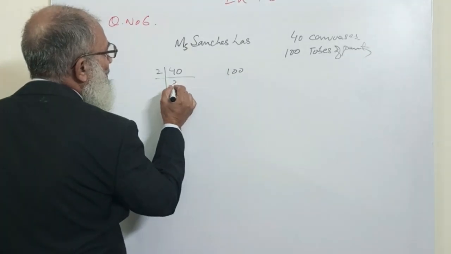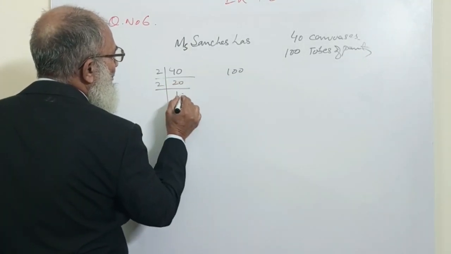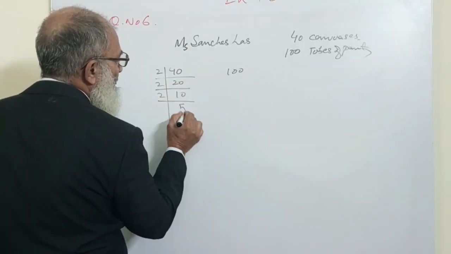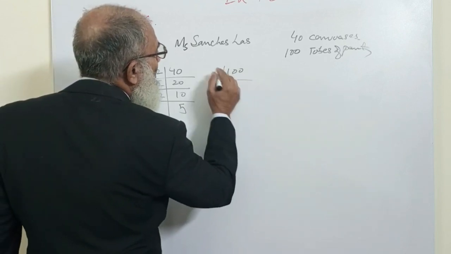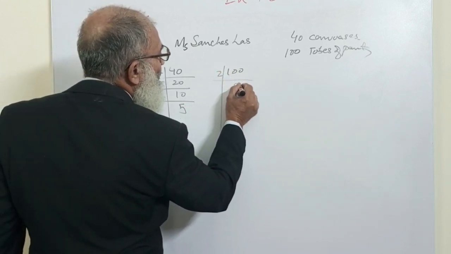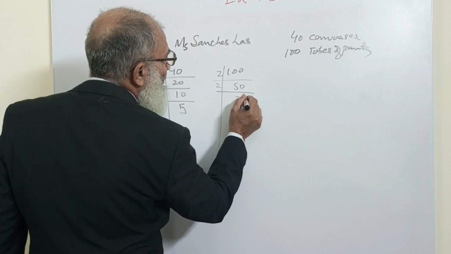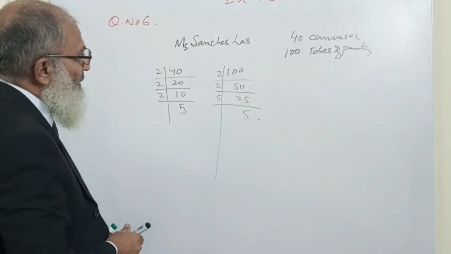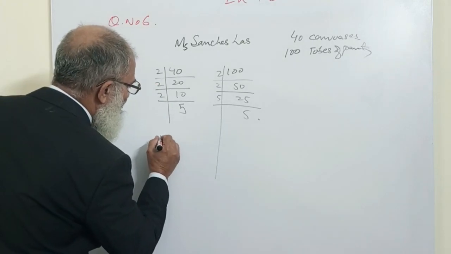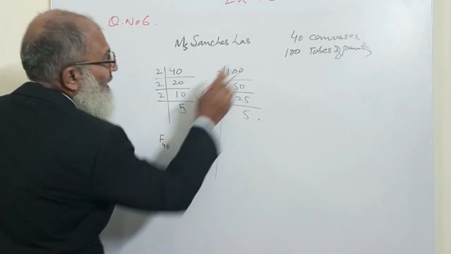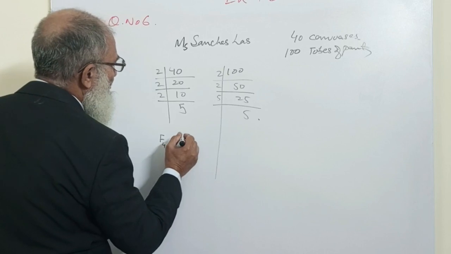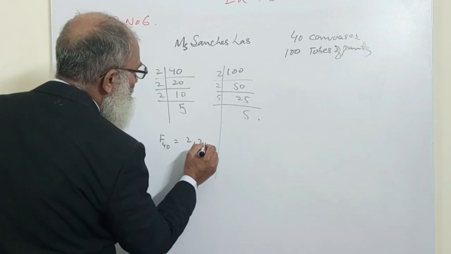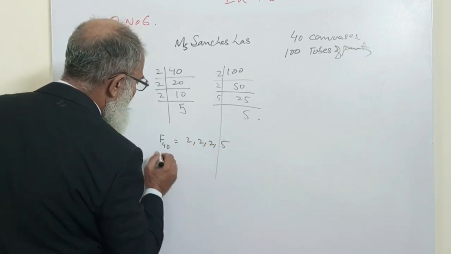Starting from 2 again, 20, 10, 5. 2, 50, 25, 5. The factors of 40 are 2, 2, 2, 5.